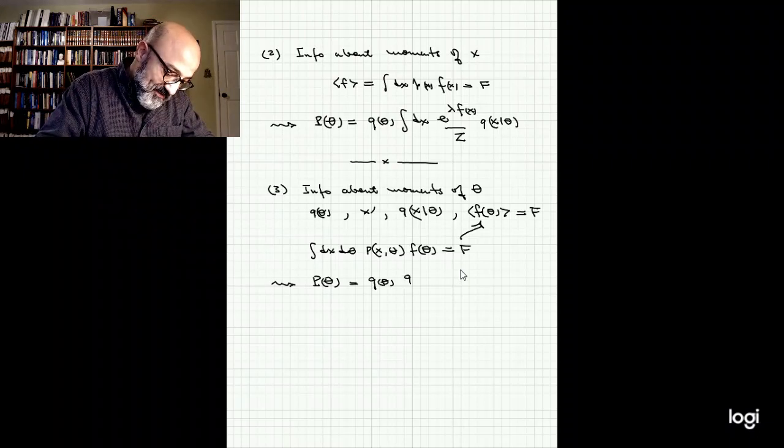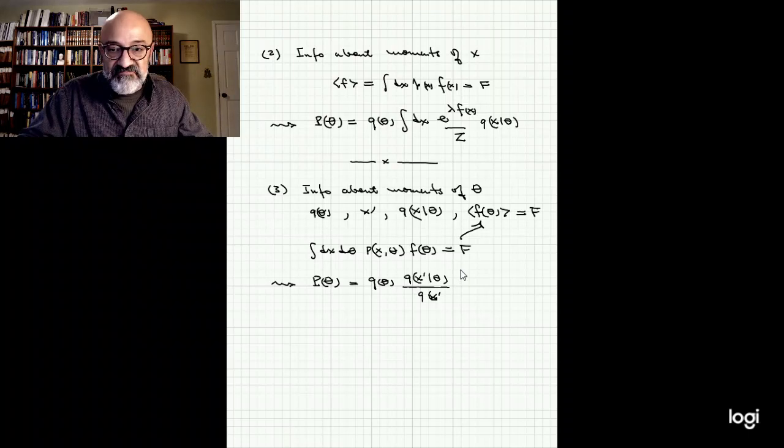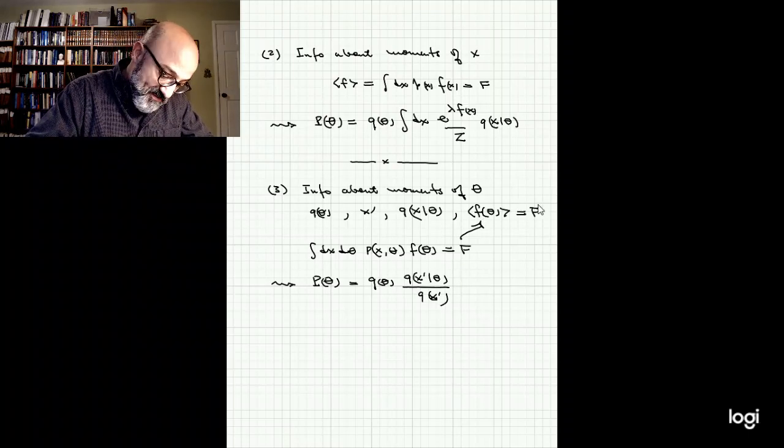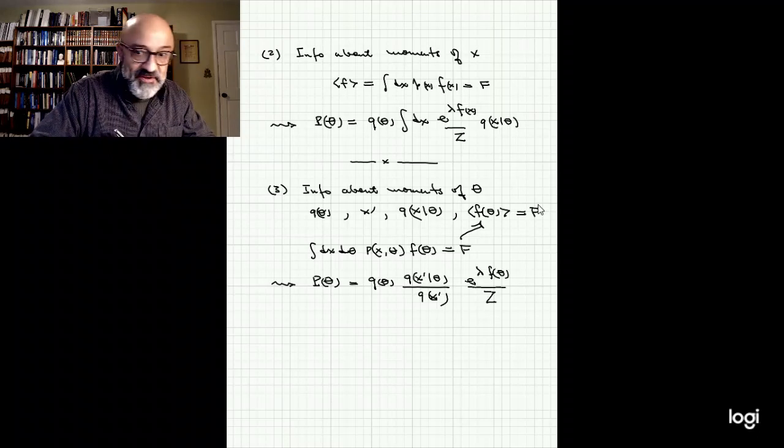Then you have Bayes' theorem, just as if you didn't have this Lagrange multiplier. And then you have yet another lambda f theta with a partition function.